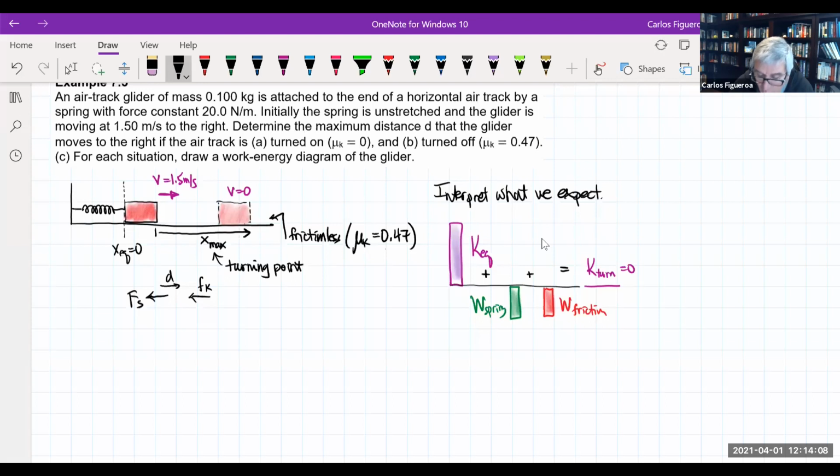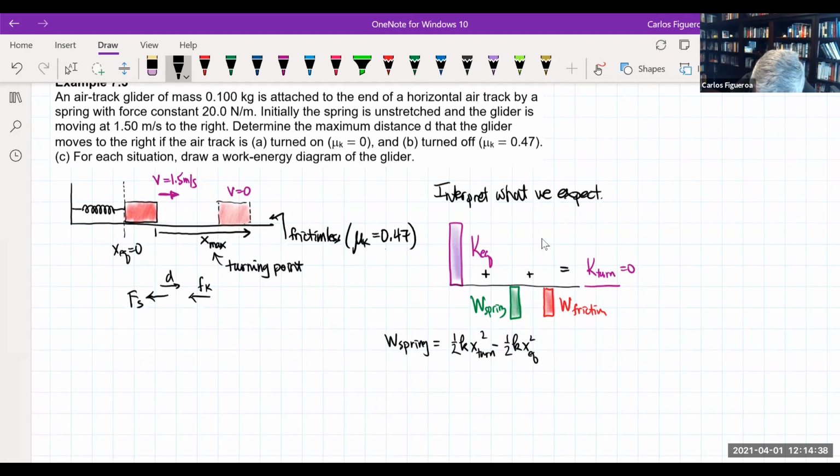Now remember, work is about change. So for the work of the spring, we saw that there's a negative sign, and we know it's negative because it's always negative. So it should be 1/2 k at the turning point minus 1/2 k at the equilibrium.